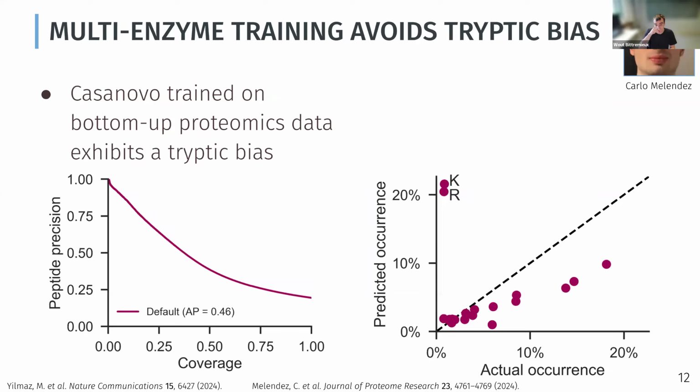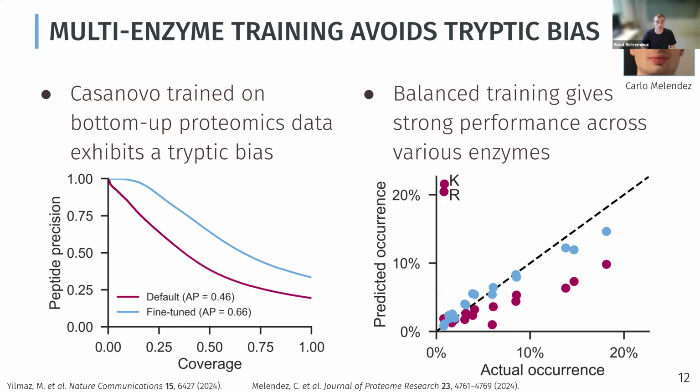So we had to adapt our training mechanism a little bit and build a more balanced training data set. You can see now in blue that with a more balanced training data set, our performance goes up, and the bias towards certain C-terminal amino acid residues also disappeared.